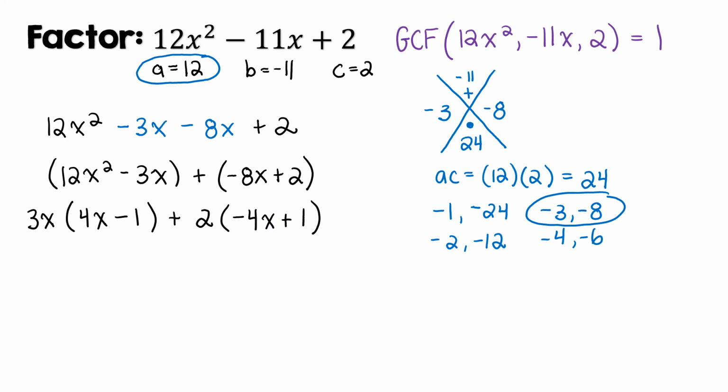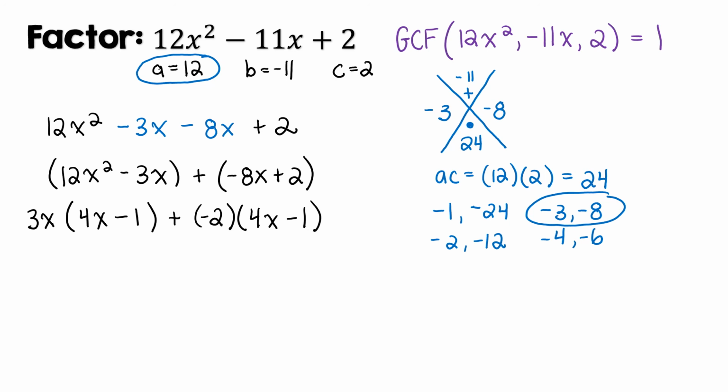I like it when the term with the x is positive. So instead of factoring out a positive 2, I'll want to factor out a negative 2. So I have negative 2 times negative 8x divided by negative 2 gives me 4x, and positive 2 divided by negative 2 gives me minus 1.